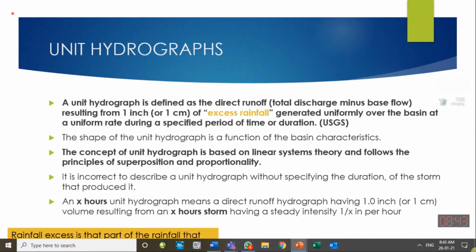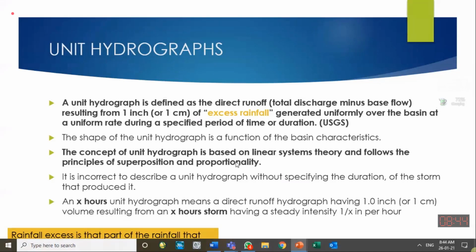So the rate of rainfall will be less in longer duration, and the intensity of the rainfall is larger in smaller duration storms. That concept should be kept in mind. Don't think that when we take a larger storm duration, we should increase the rainfall volume also. Rainfall volume should be 1 inch, whatever the storm duration may be.